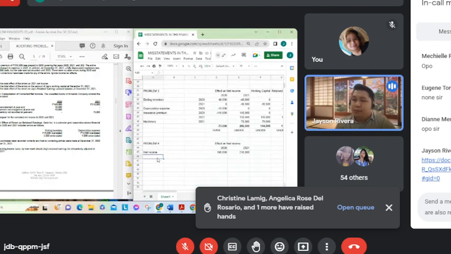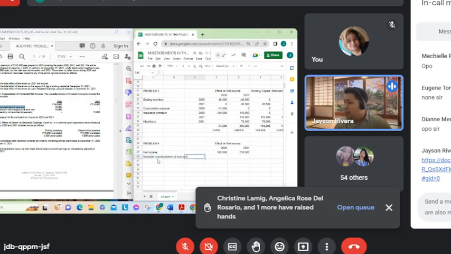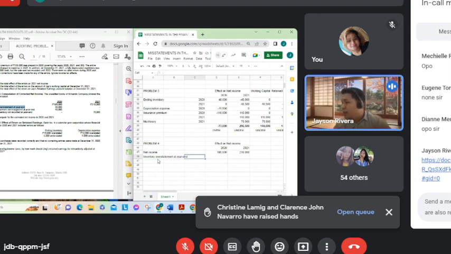All right. So for problem number 4, we are provided with different errors again. But we are going to compute for the adjusted net income or corrected net income of Armando Company. So first error noted is on the overstatement of inventory. So there's an overstatement in 2020 amounting to 36,000 pesos.